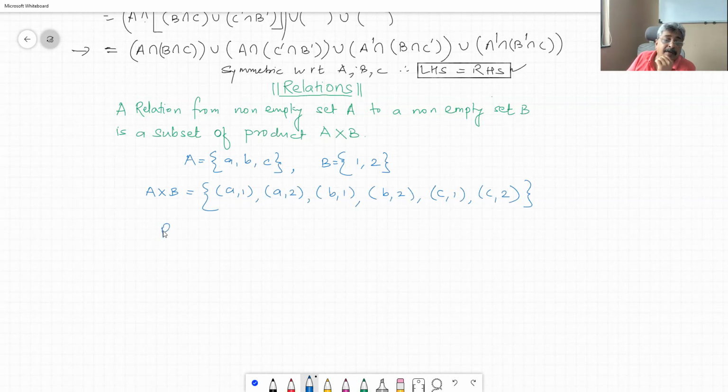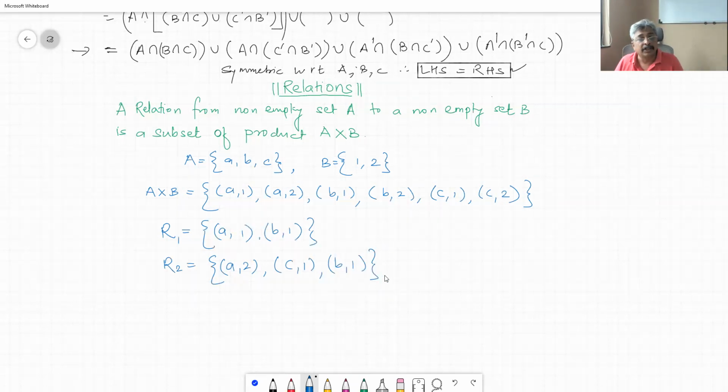So R, we can say R is A comma 1, B comma 1. Let us say this is R1. R2 could be A comma 2, C comma 1, B comma 1.